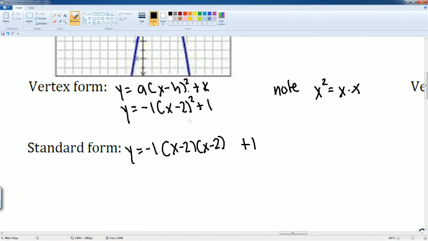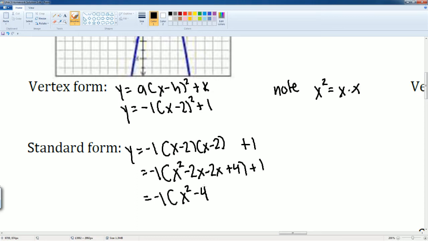So I'm going to do what's inside the parentheses first, okay? So this is x squared minus 2x minus 2x plus 4 plus 1. So this simplifies into negative (x squared minus 4x plus 4) plus 1.